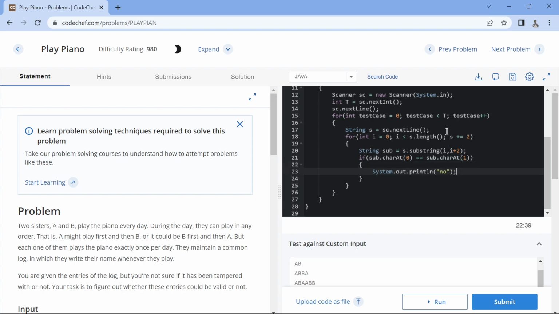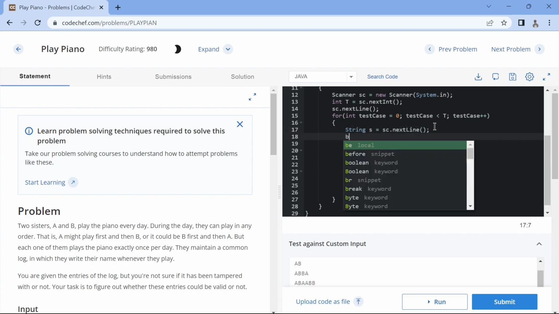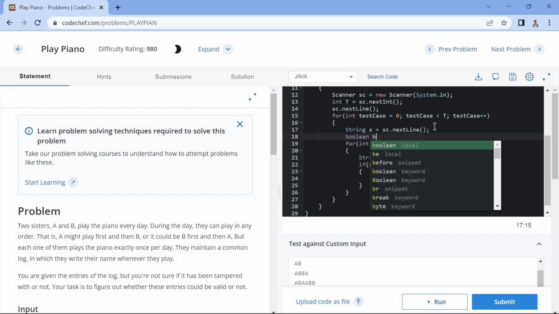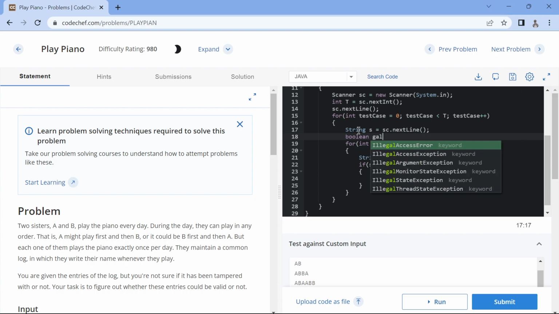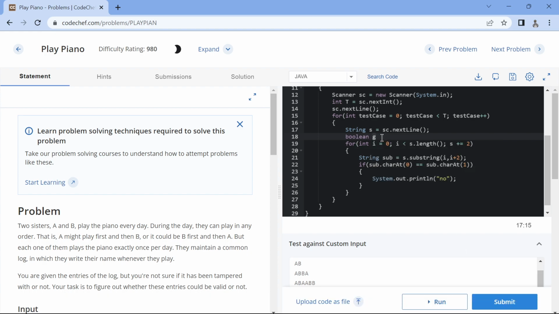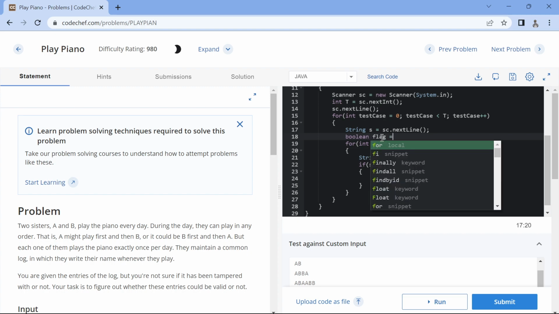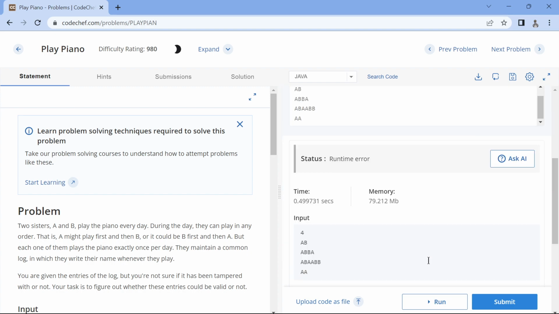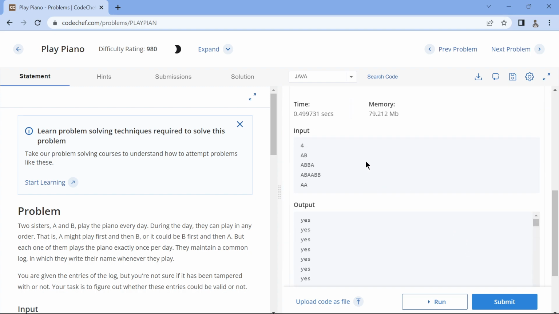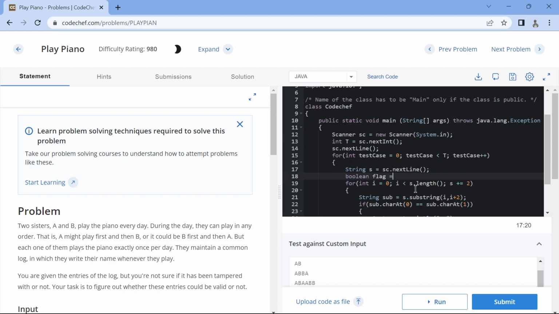Because we're doing it for each test case, which is this line, we have to create a boolean. Let's call it flag. Sorry, it's lagging, it's going to take a bit. Flag is equal to true.